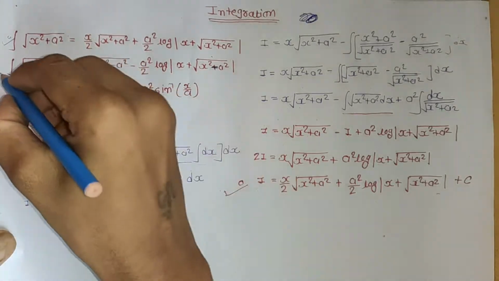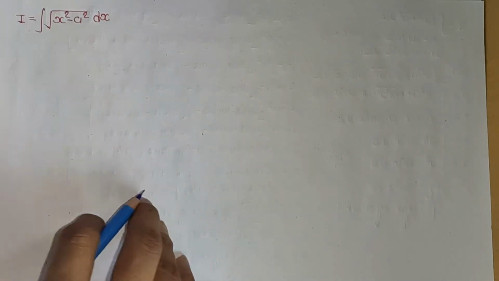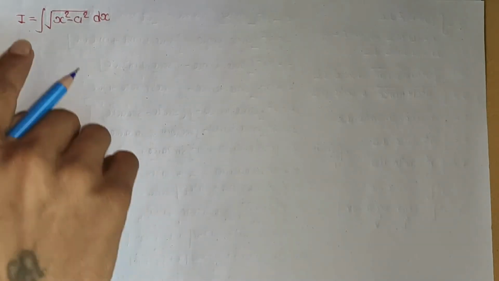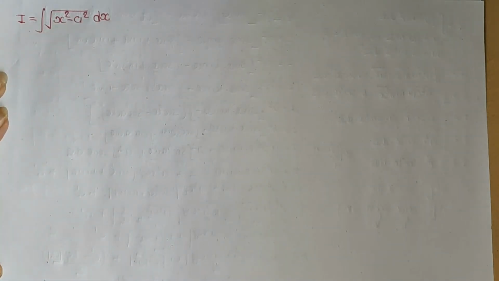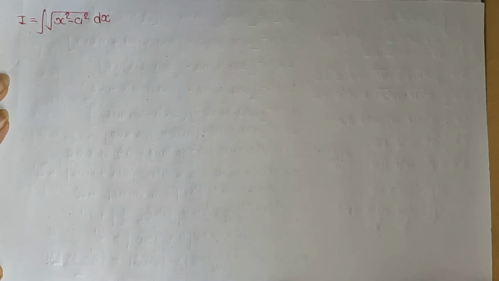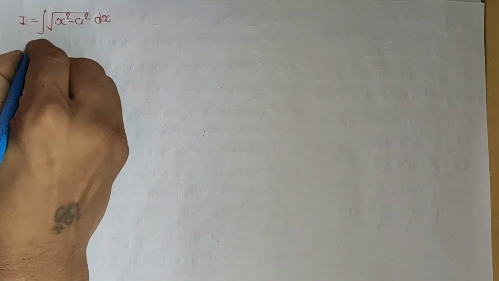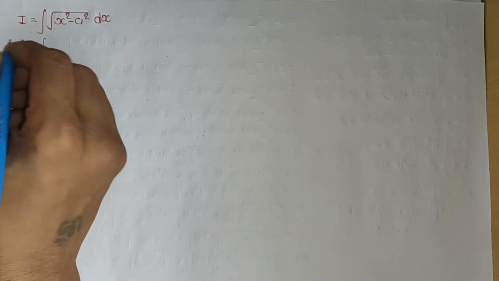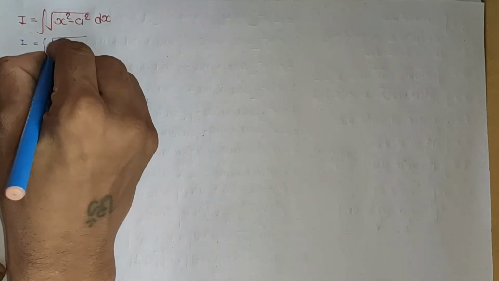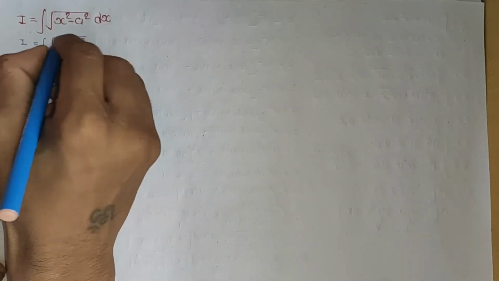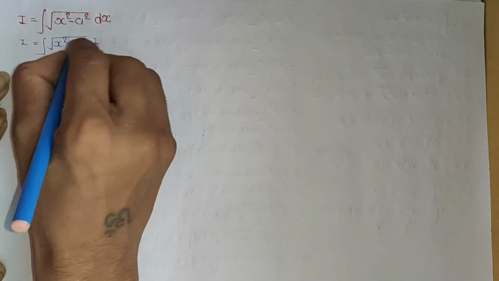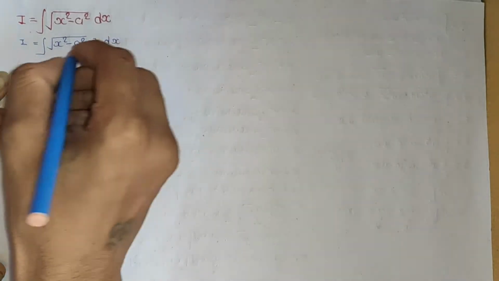Okay, let's solve this one. Integration I equals integration of square root of x square minus a square dx. Let's start by integration by parts. Now I equals integration of square root of x square minus a square, here I put 1 dx.